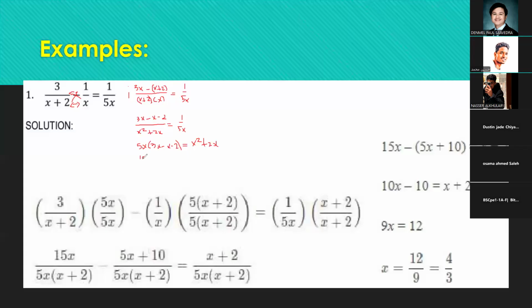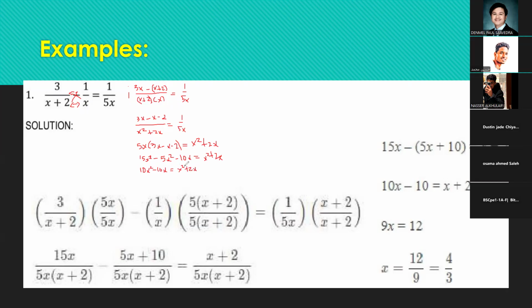So it's now 15x squared minus 5x squared. I should have already simplified this one. Anyway, it's still the same. So 5x times negative 2 is negative 10x is equal to x squared plus 2x. We can already simplify this one. 15x squared minus 5x squared is 10x squared minus 10x is equal to x squared plus 2x.